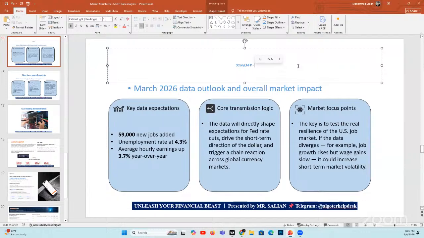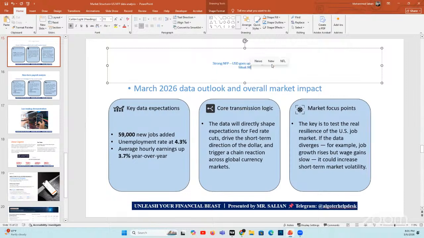If there's more jobs, the US dollar goes up and gold goes down.